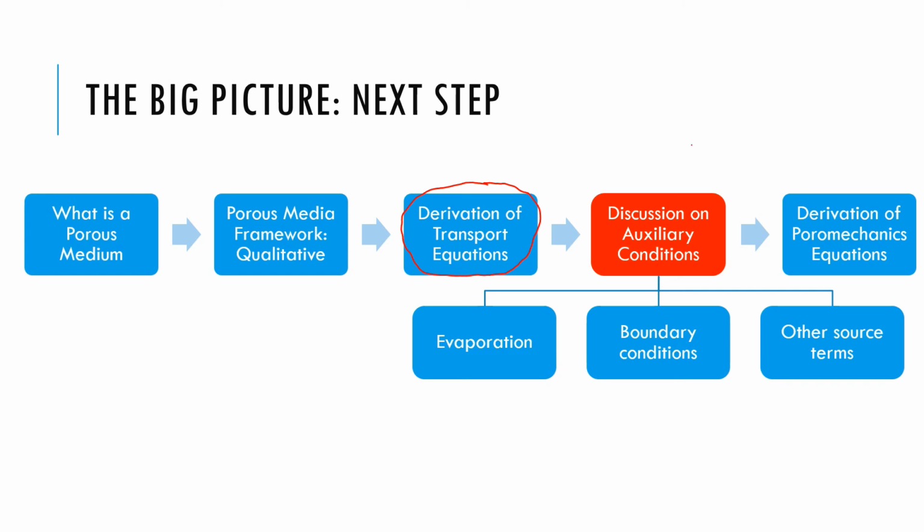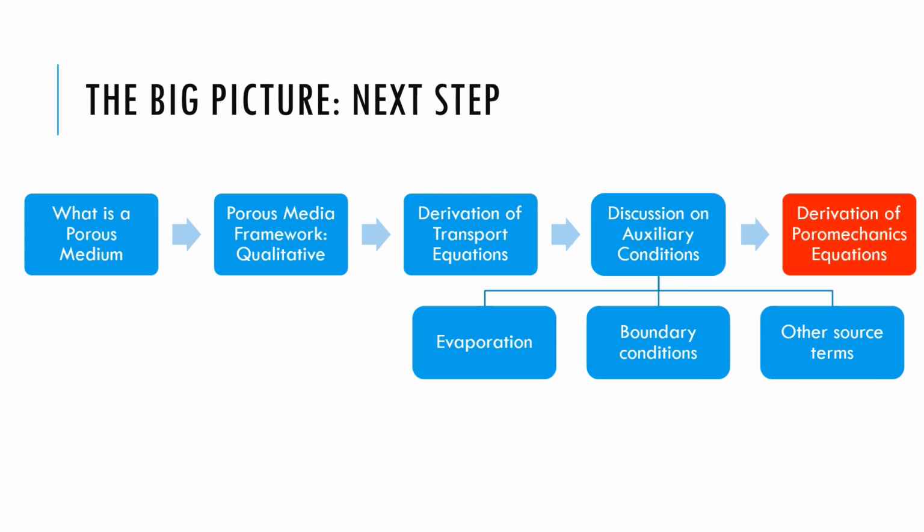These auxiliary conditions would be the next thing to learn, and one of them would be the evaporation term I dot. How do we get that? Then we will have to learn about the boundary condition. We have not talked anything about that. And then moving on, if you want to use microwave heating, for example, those are discussed in separate modules. So those auxiliary conditions would be the next thing to learn.